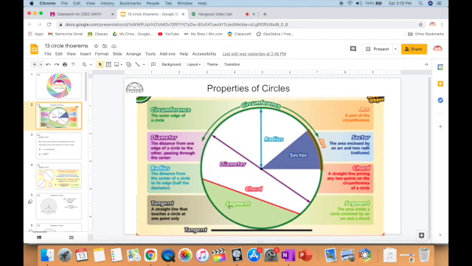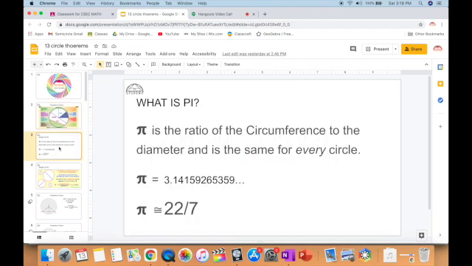So we have the properties of a circle, but there is one other very magical property that we need to talk about, and that is the magical number pi. Remember, we did not invent this number. We discovered this number. And it's a magical number, and it has to do with every single circle.